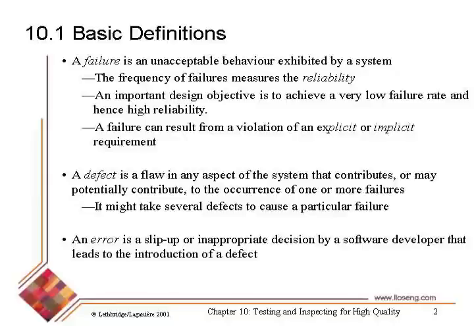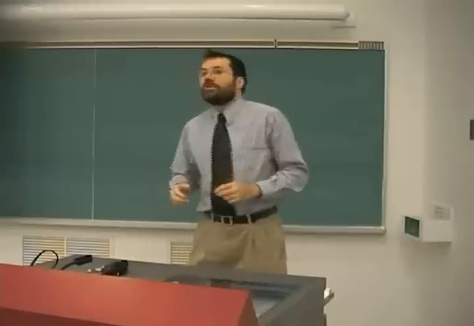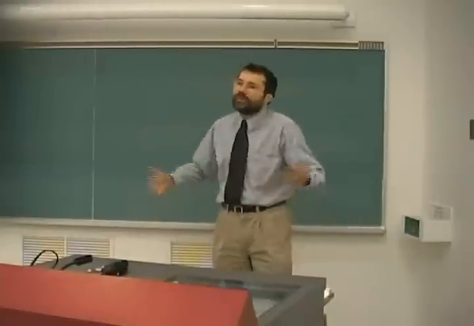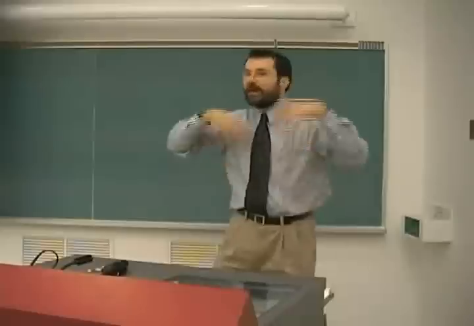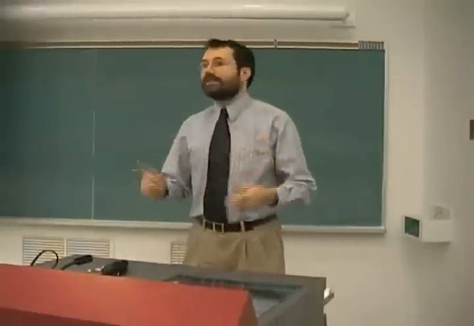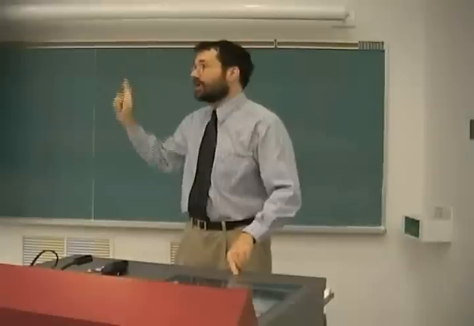We can measure the frequency of failures. This is the reliability. The reliability isn't the number of defects or bugs. The reliability is measured in terms of the failures, because let's say there's only one bug in the system and it causes a crash. Well, if that crash only occurred once a year, that wouldn't be so bad. If it occurs every 5 minutes, that's a lot worse, even though it's caused by just the one bug.